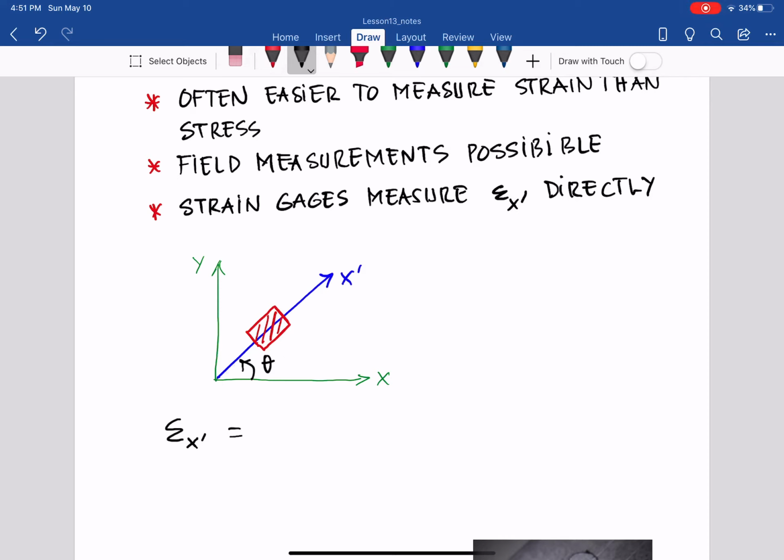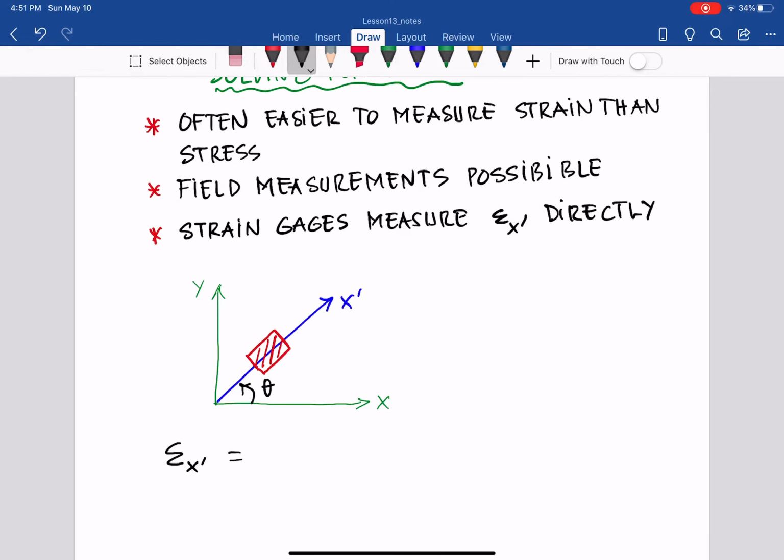So we have epsilon X' equal to epsilon X cosine square theta, and then we have epsilon Y sine square theta, and we also have 2 tau xy sine theta cosine theta.